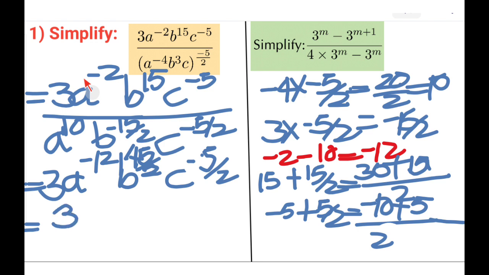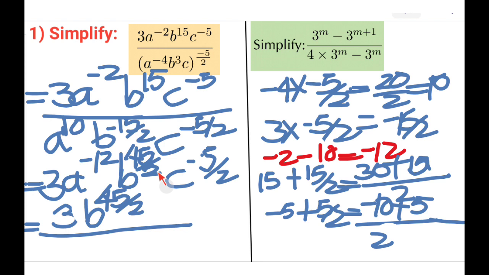Now, according to the rules of exponents and powers, when you finalize, you must leave your exponents as positive. Whenever you've got a negative exponent, for example a to the negative 12, we must take it to the bottom so it becomes positive. The only one we leave at the top is b to the power of 45 over 2, and all over the rest we take to the bottom.